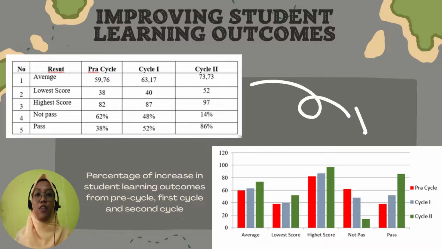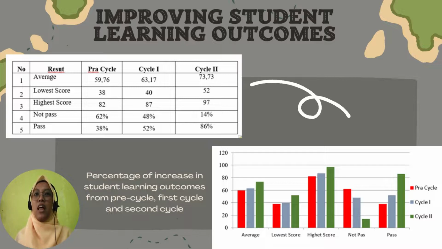Based on the result of the research, there is an increase in learning outcome in mathematics through the problem-based learning model assisted by screen mirror from pre-cycle to cycle 1 and to cycle 2. Pre-cycle learning outcomes mean value is 59.76 and the classical learning competence obtained is 38% with a total of 8 students.